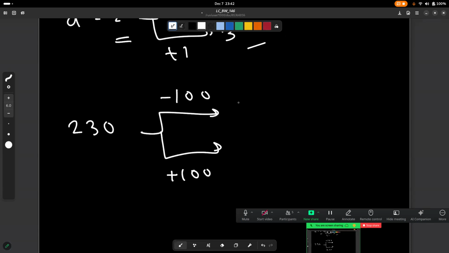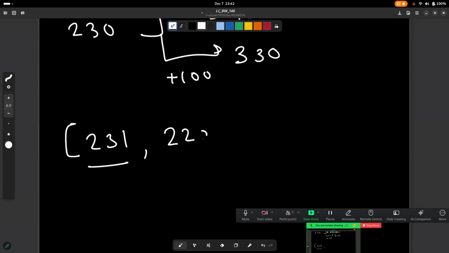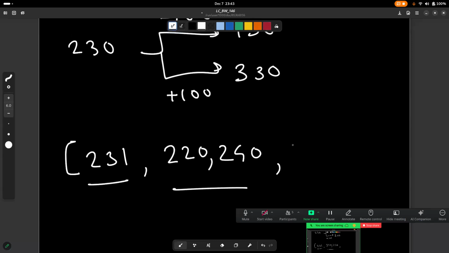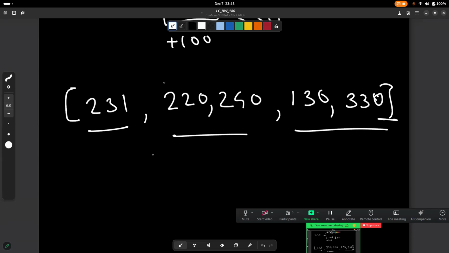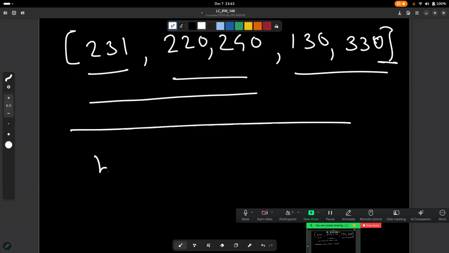So 230 minus 100 is 130. 230 plus 100 is 330. Your overall array is 231 from the first iteration, then 220 and 240 from the second iteration, and 130 and 330 from the final iteration.